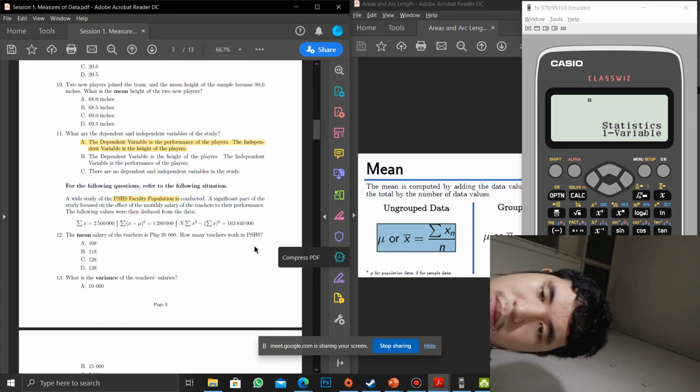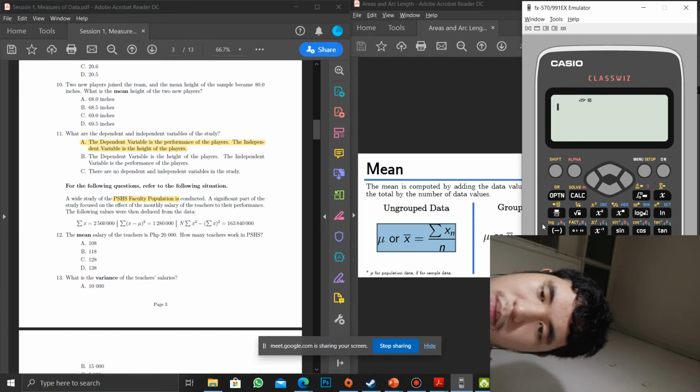Ungrouped data yan, di ba? Right? Sige. So, punta ko sa 20,000 equals sum of x, which is this one, 2,560,000 over n, the number of teachers, equals 20,000.